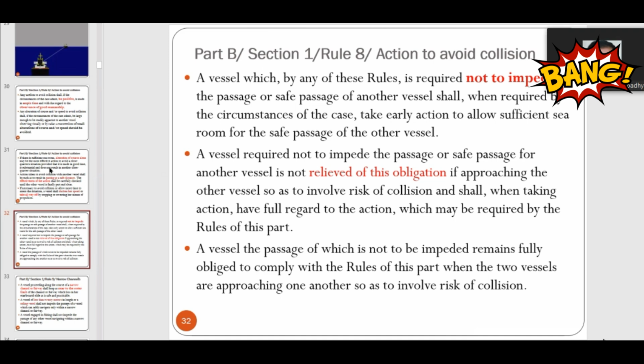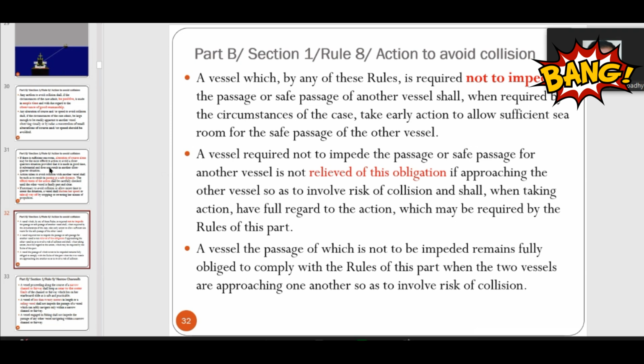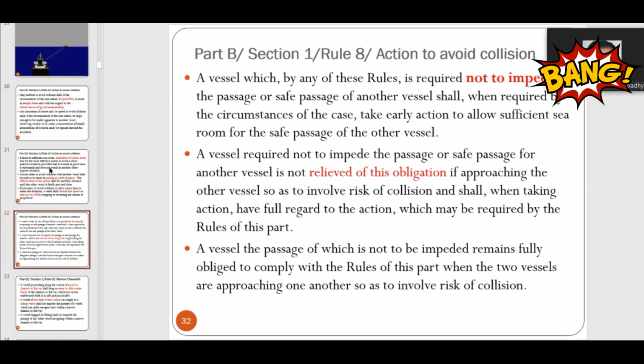So that is what you see. Basically, it means whenever you talk about any action to take to avoid collision, it depends on that one basic principle that the first paragraph reminds us. Thereafter, in every instance, you are seeing the same thing: that positive action should be taken in ample time, and also it should be in observance of good seamanship.